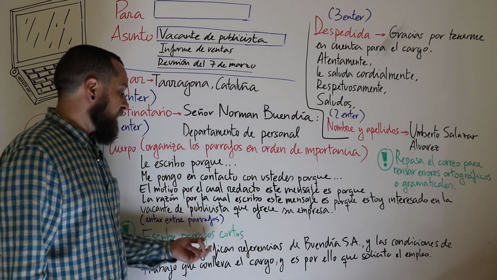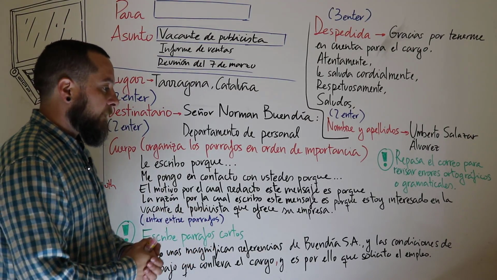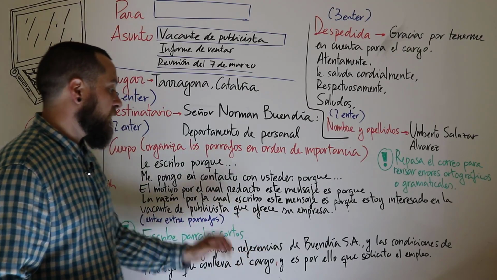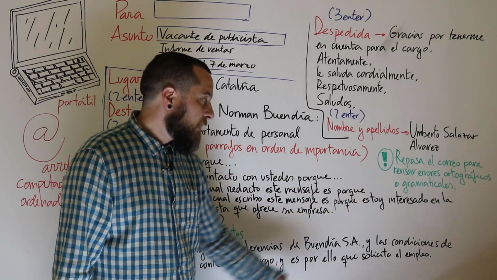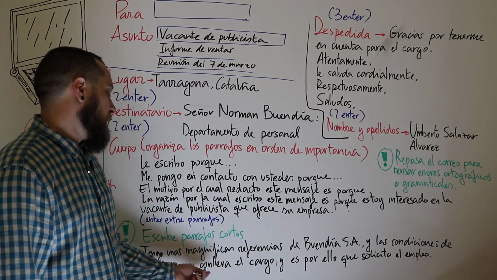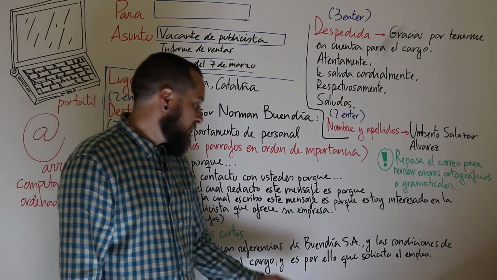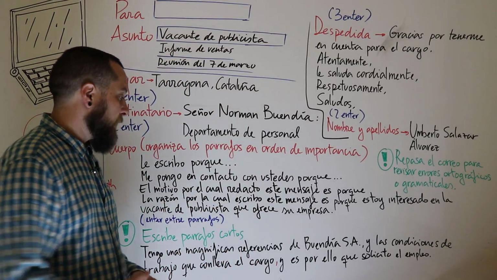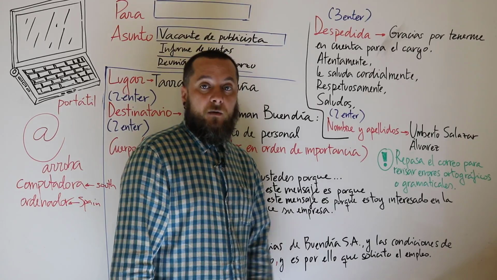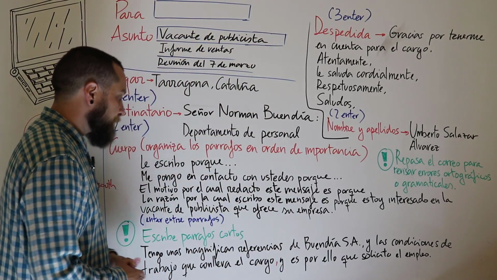I have huge references of Buendía S.A. and the conditions of the work are really, I agree with them, okay? Because of that, I apply for this job. Kind of, it could be, okay?